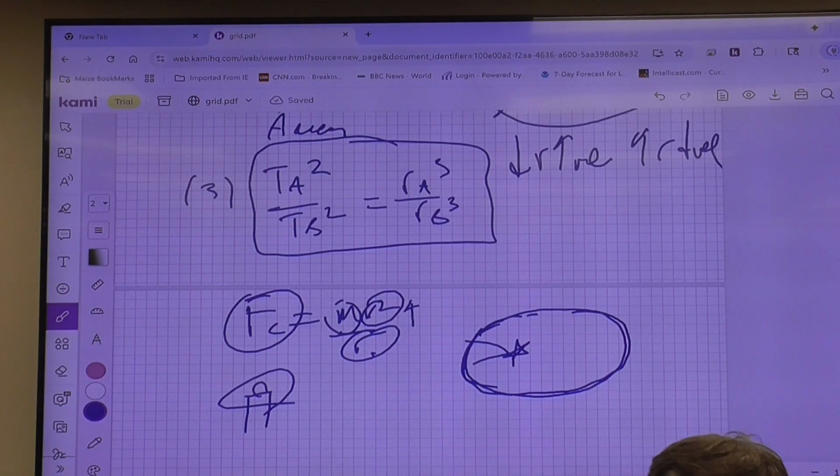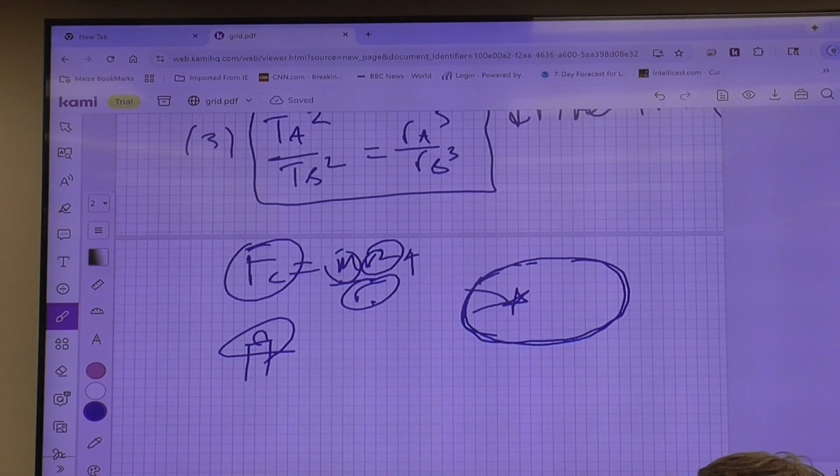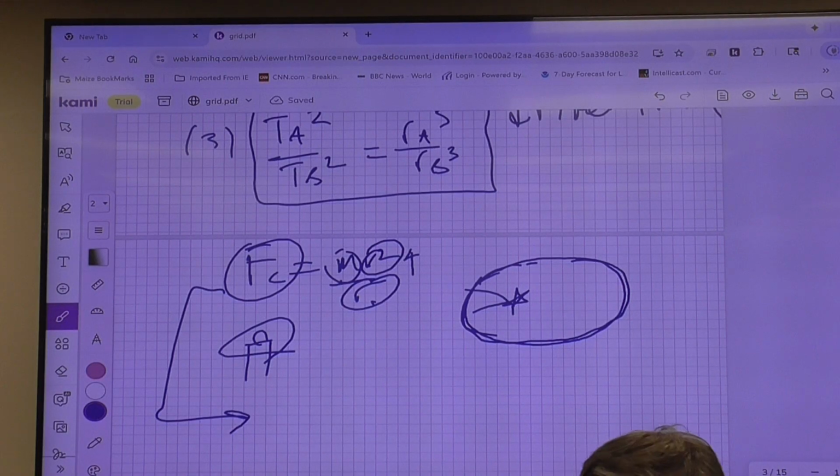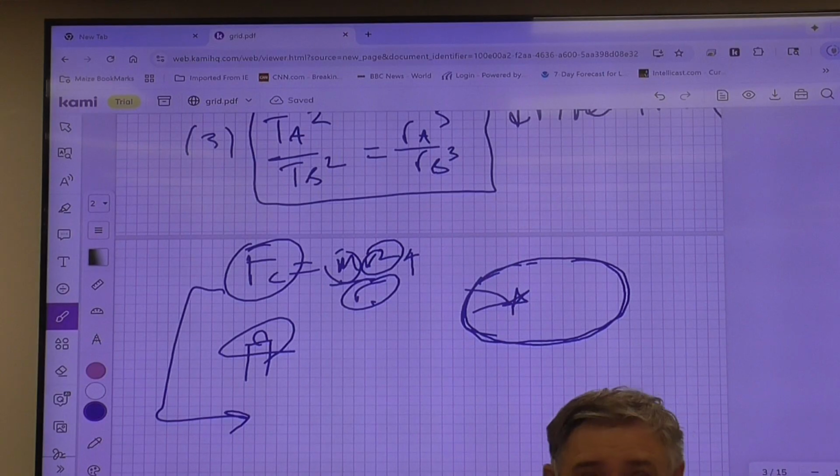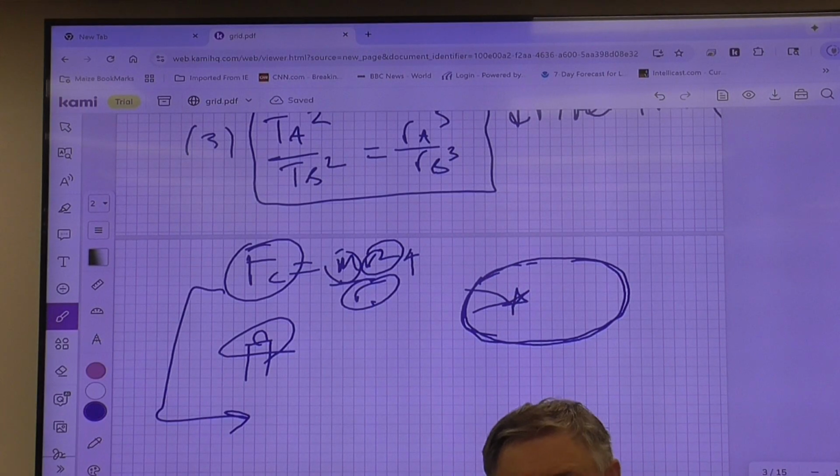Cool. So when you're closer, you need more centripetal force. Great. Now, what's the only possible source of that centripetal force? Gravity. There's no strings, there's no friction, okay? It's just gravity.